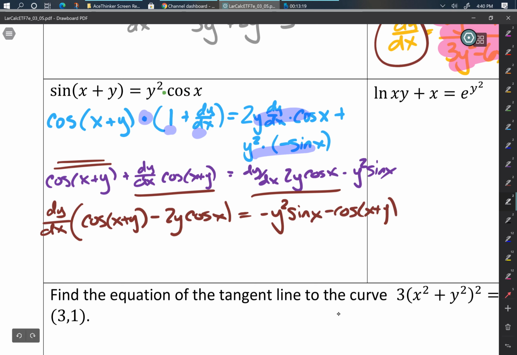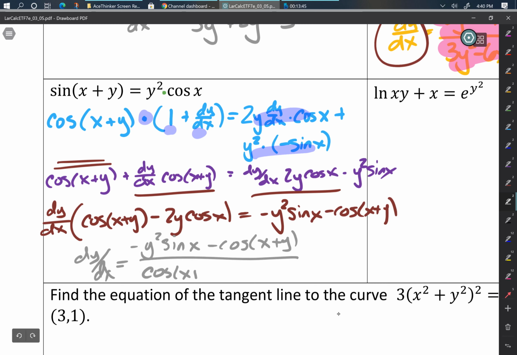And then, I don't want dy/dx times that junk, I just want dy/dx. So I'll divide, I get dy/dx is equal to negative y squared sine x minus cosine(x plus y) divided by cosine(x plus y) minus 2y cosine x.